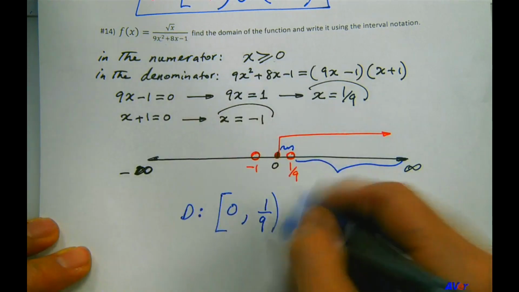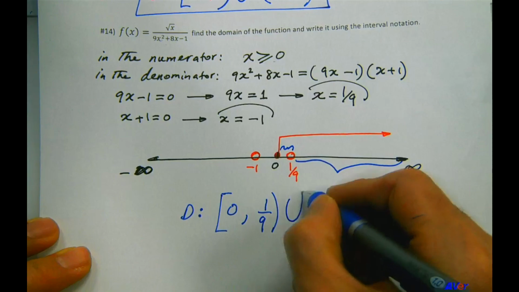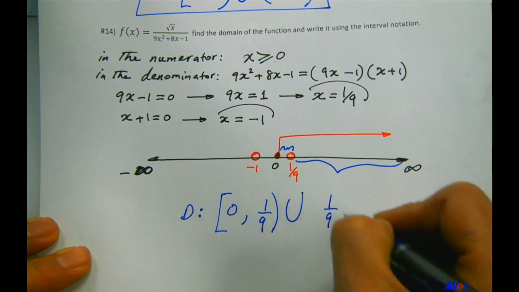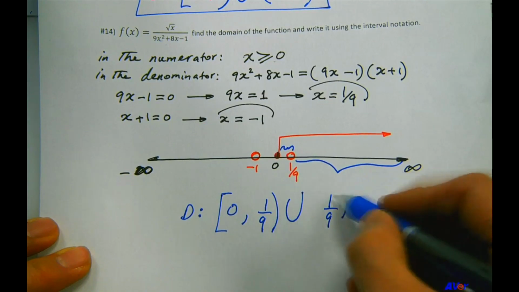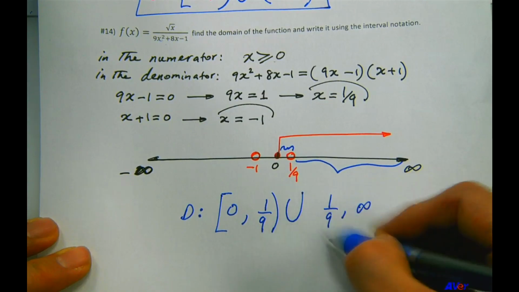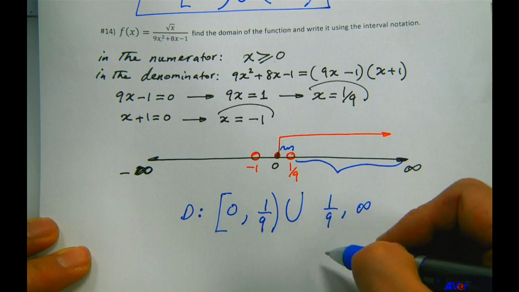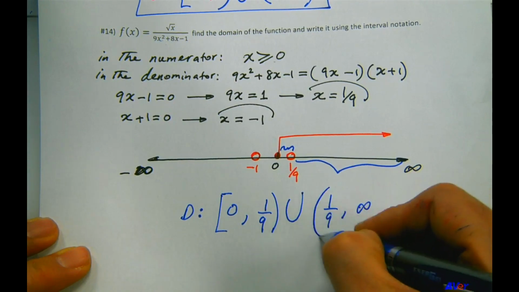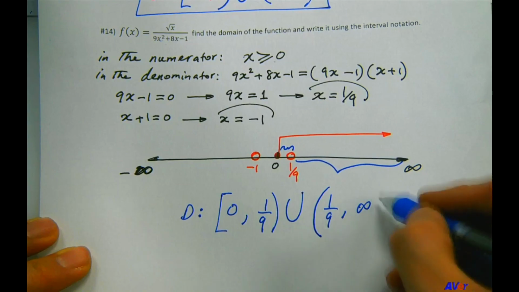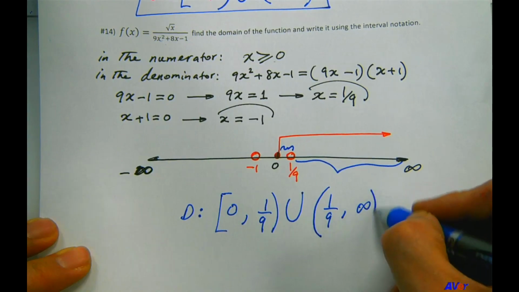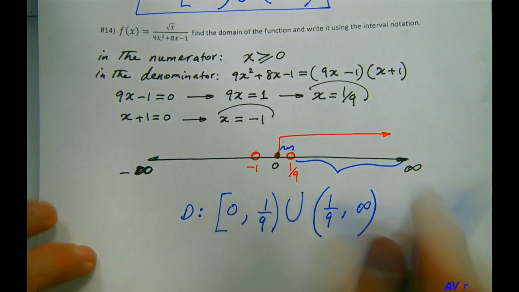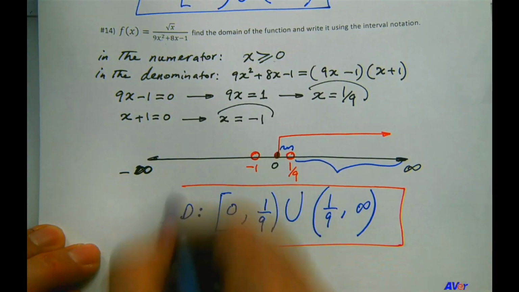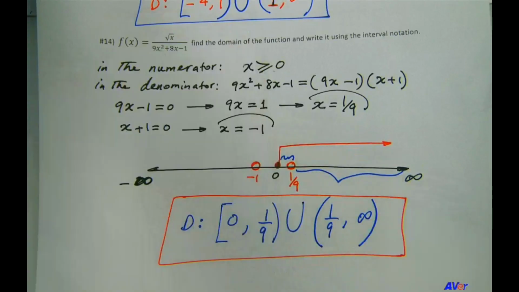So parenthesis. Union, then the second piece is 1 over 9 and positive infinity. Should I put a bracket or parenthesis next to 1 over 9? Parenthesis, right? Because 1 over 9 cannot be part of the solution, and we know that the infinity side always gets the parenthesis. So that is our domain for that function.